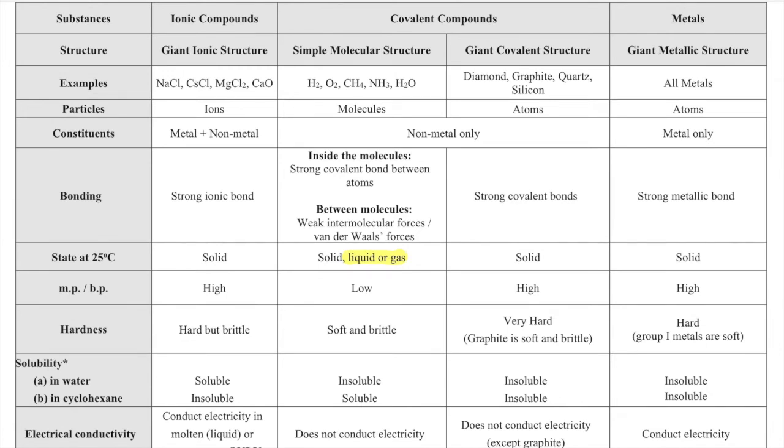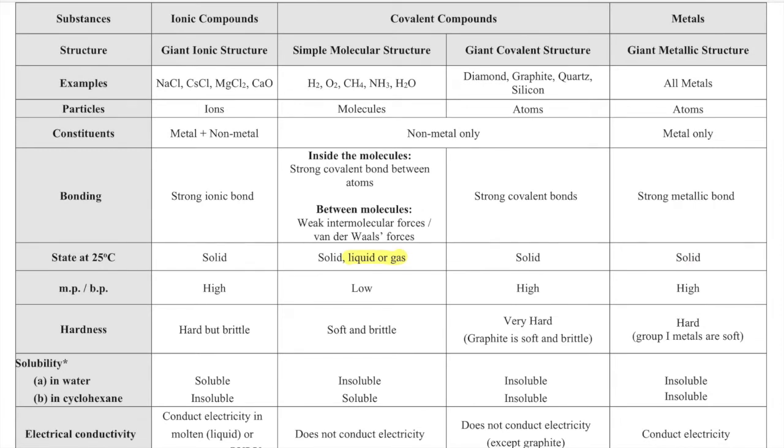So if you are given an unknown substance that exists as liquid or gas, you can draw a conclusion it's probably a simple molecular structure substance. Of course, we need to consider the exceptional case. We have mercury, a metal that exists as a liquid at room temperature.